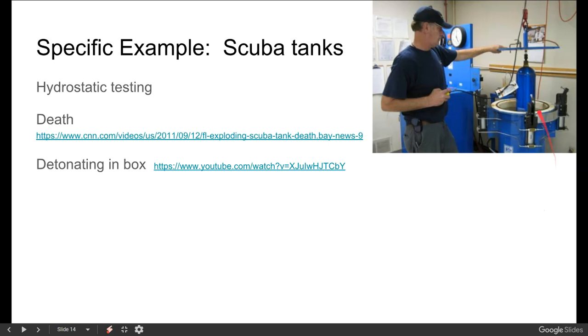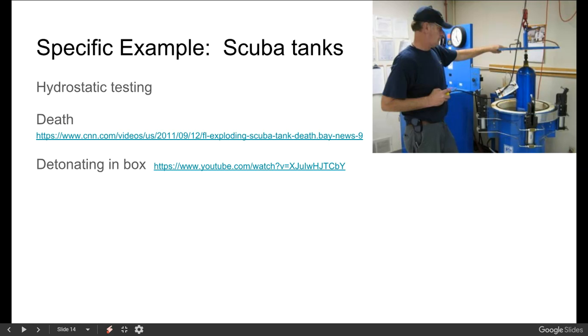So scuba tanks, they must be stretchy to a point. If the scuba tanks stretch too much during pressure testing, it means the walls are weakening. If it fails to stretch at all, then it means the tank has been stretched out and it's reached its elastic limit. The metal is now entering a brittle phase and it may blow up.